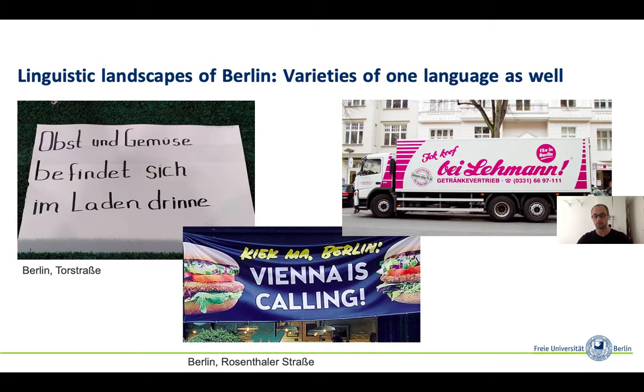So businesses who want to somehow express their belonging to the local Berlin community. And then on the picture on the left-hand side, Obst und Gemüse befindet sich im Laden drinne.